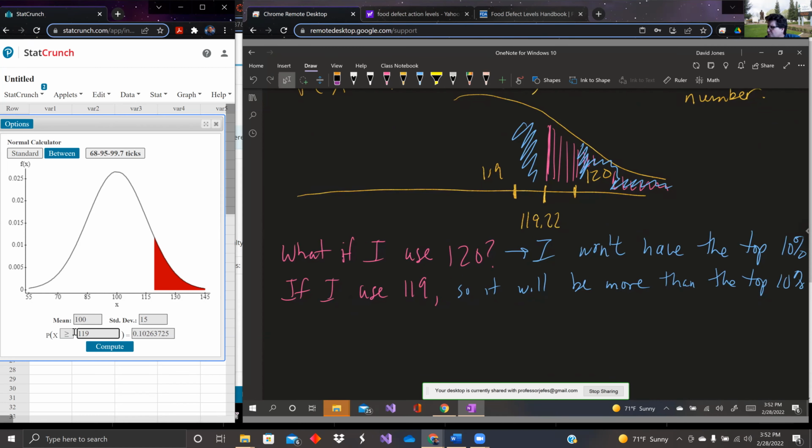We always want to choose the method that captures the full amount of what we're looking for.